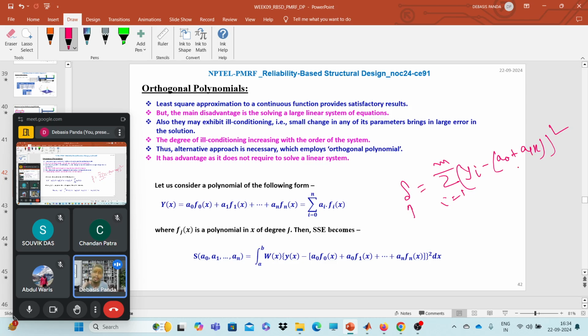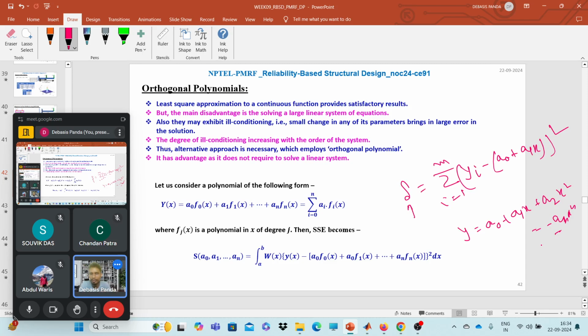And the polynomial, f of x, we are considering as a naught plus a1x plus a2x square, up to an x to the power n. Now, to work with that polynomial, we need to solve 2n plus 1 simultaneous equations. Now the question is, can we reduce that number of equations?